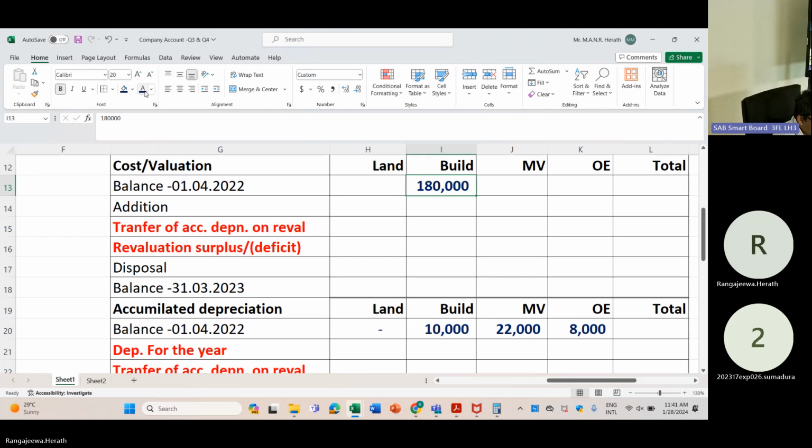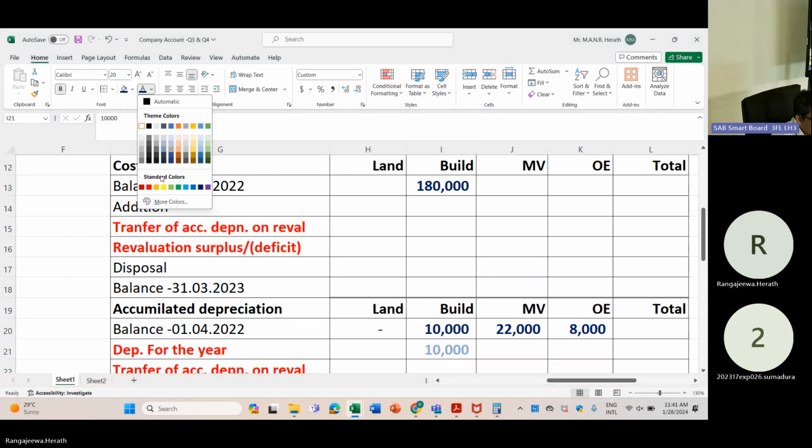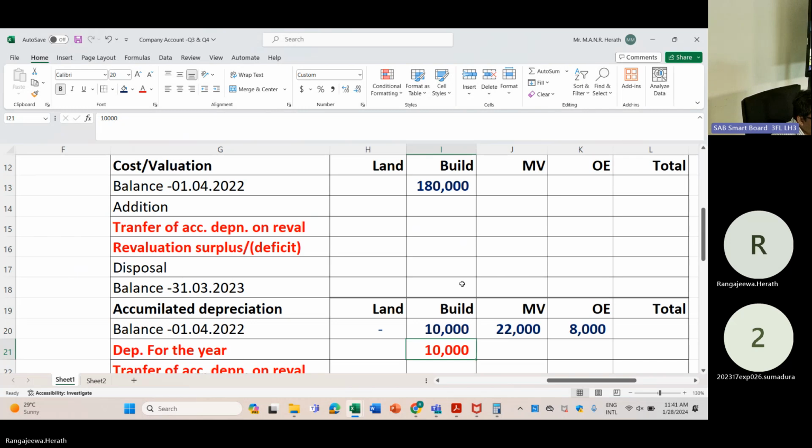The remaining useful life was 18 years. So what should this year's depreciation be? 180 divided by 18. Current year depreciation should be 10,000.